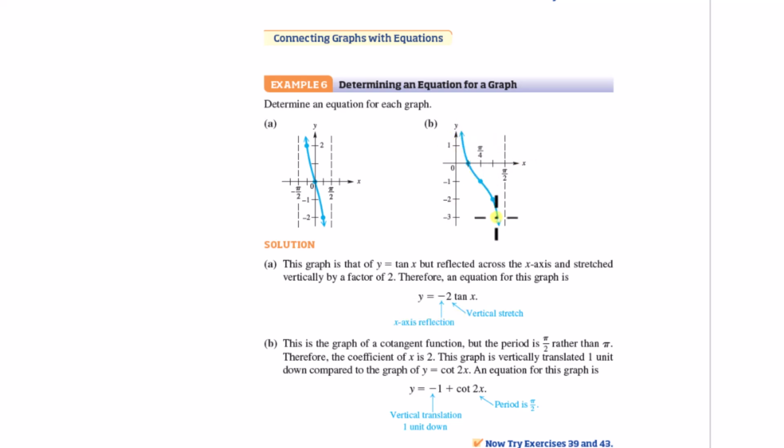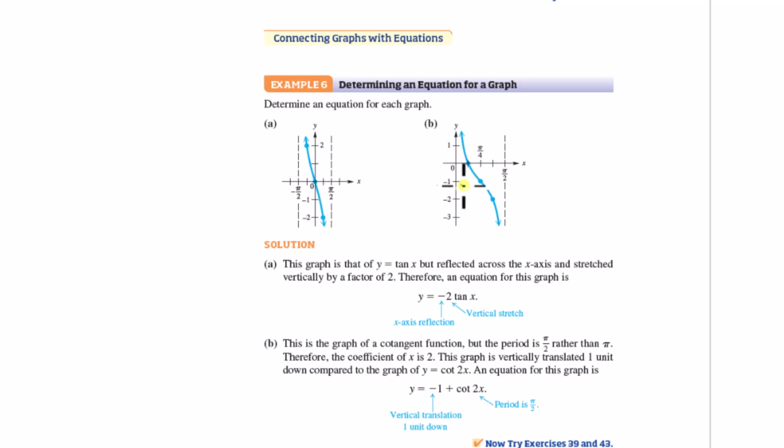Here, this looks like a 0 to pi over 2, so you think cotangent, and it has the right shape. Shifted down, and then they can tell the scaling here. Let's see. So yeah, they could just tell when they give you points, and so you could use those points.